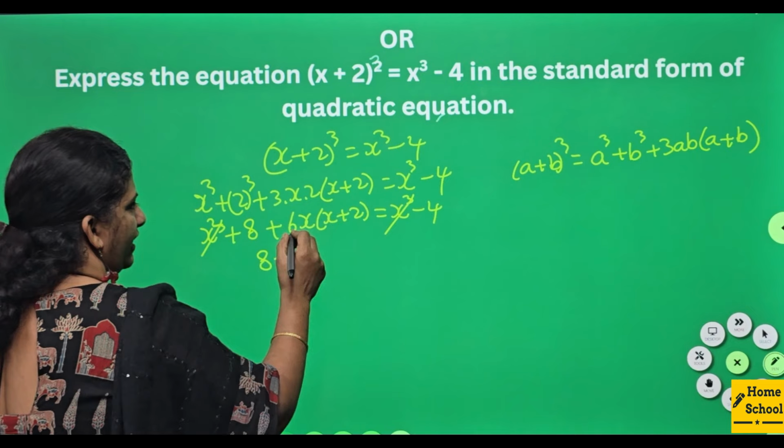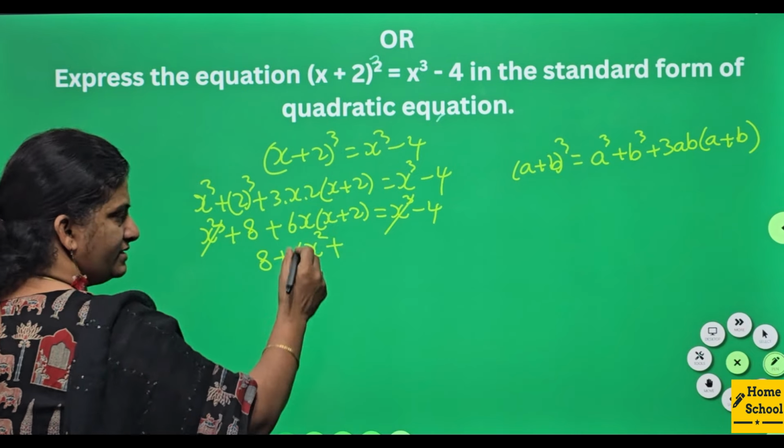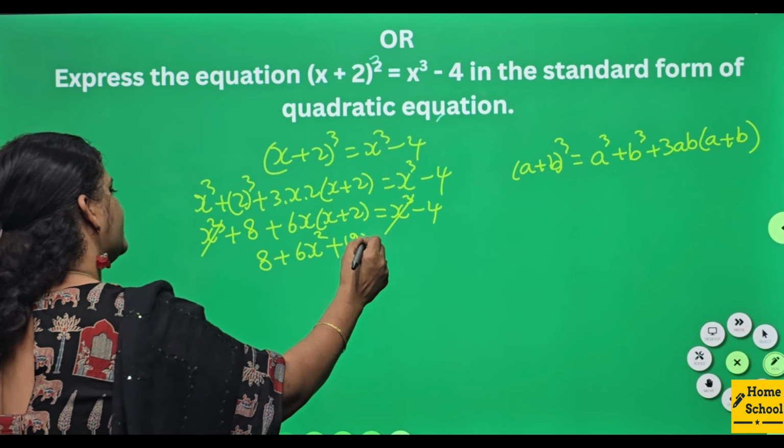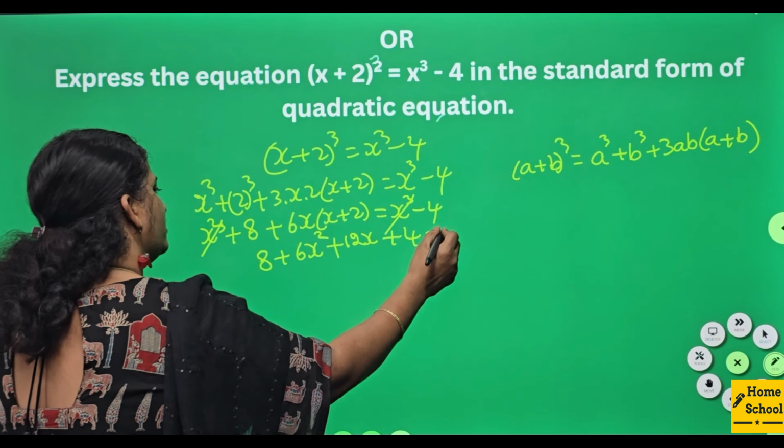Now remove this bracket: 6x into x will be 6x², plus 6 twos are 12x, and bring minus 4 this side, plus 4 = 0.